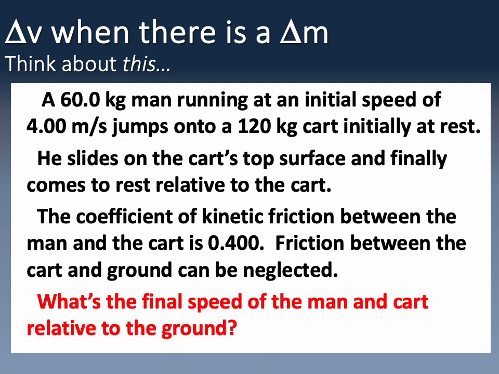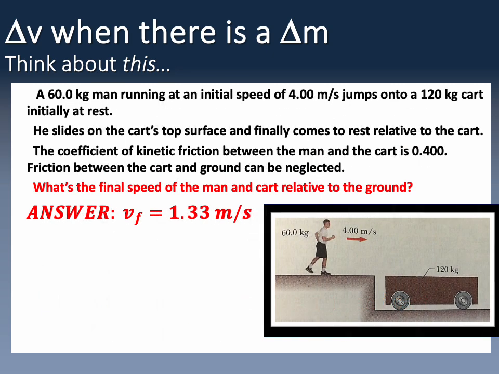Question is, how fast are the man and cart going relative to the ground after the man jumps on to the cart? There it is. So I want you to pause this for a couple minutes and discuss how you would get this. Probably won't even take you a couple minutes, but please hit pause now.